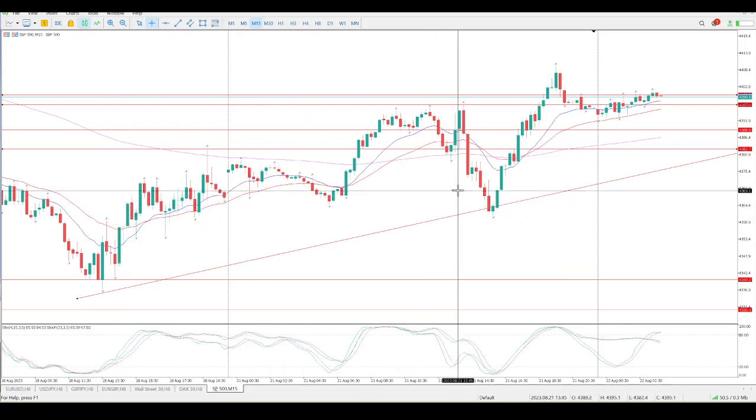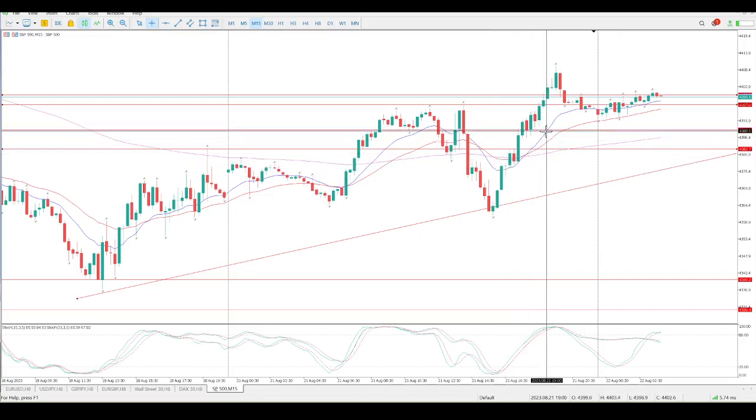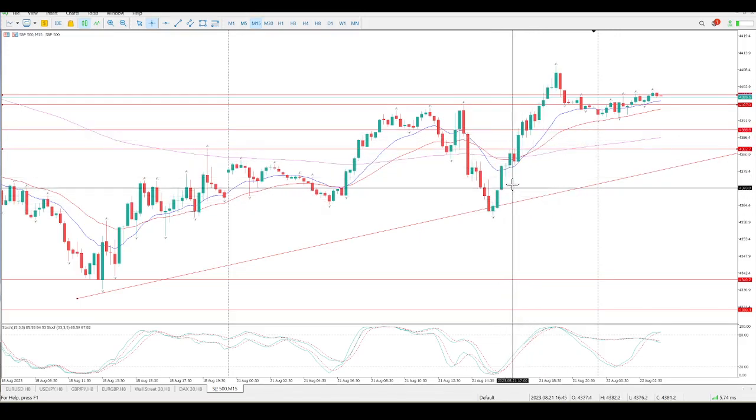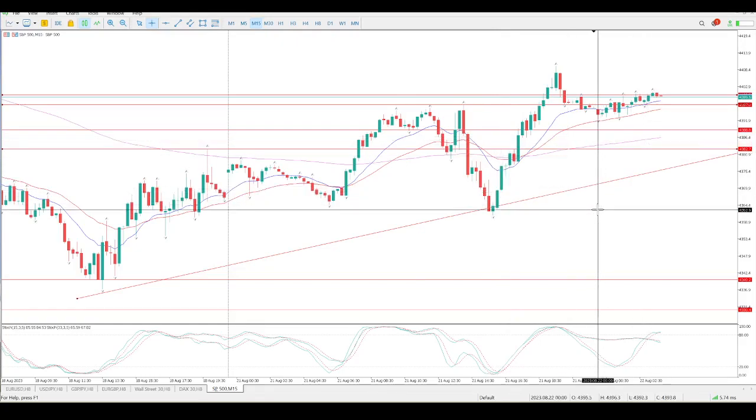So it's really only this one here. There's a little gap here. Okay, no, there's no gap there. So it's really just this little gap here, and it's a very small gap nevertheless. So anyway, that's my view at the moment.